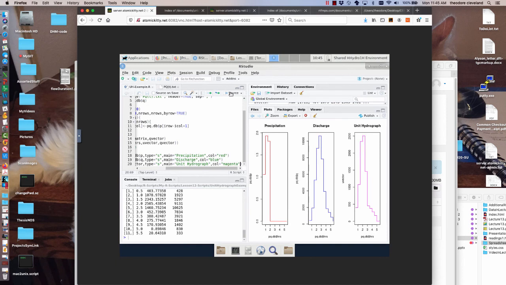And there is our result of that unit hydrograph analysis. So here's our unit hydrograph that says that 1 unit of input rainfall, so 1 inch over a 0.5 hour period, will produce the following.